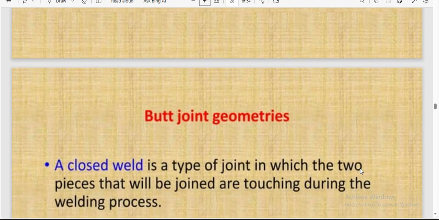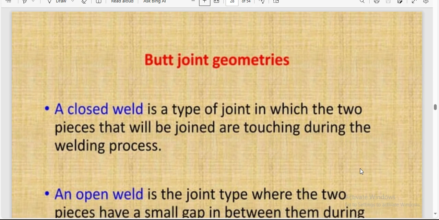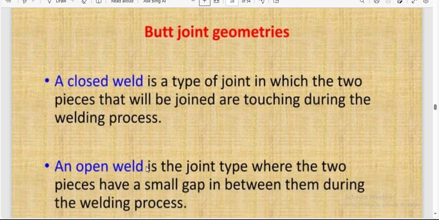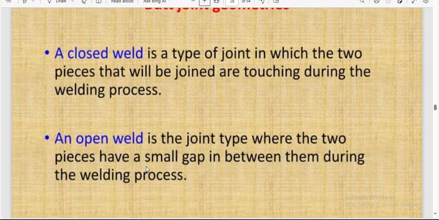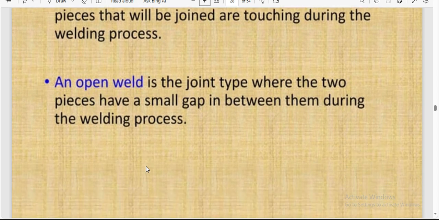Butt joint geometry. A closed weld is a type of joint in which the two pieces that will be joined are touching during the welding process. An open weld is the joint type where the two pieces have a small gap in between them during the welding process.